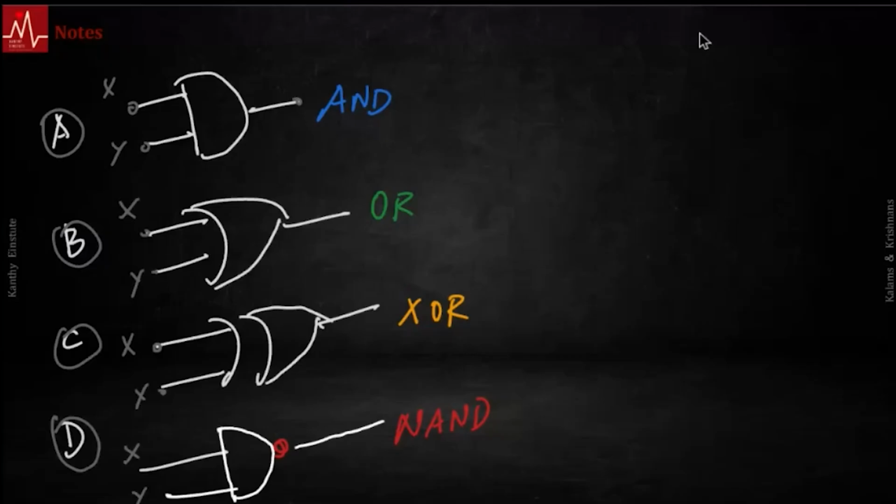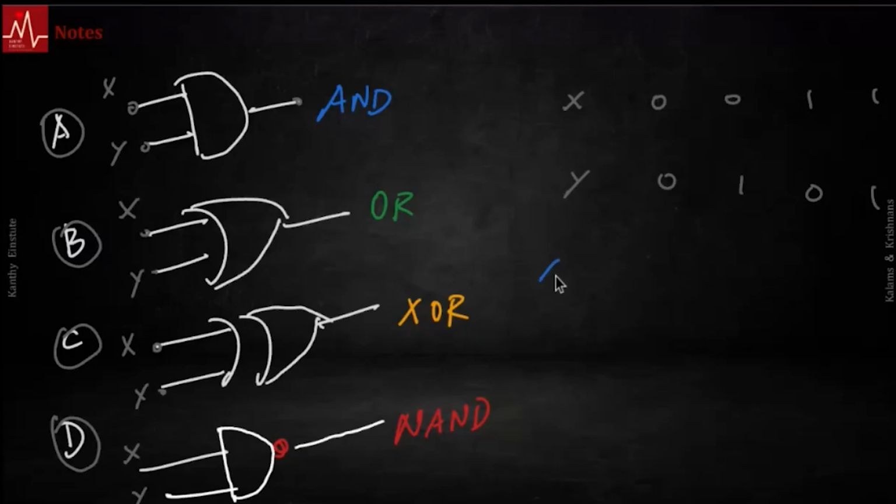So let's put X, Y: 0, 0, 0, 1, 1, 0, 1, 1.